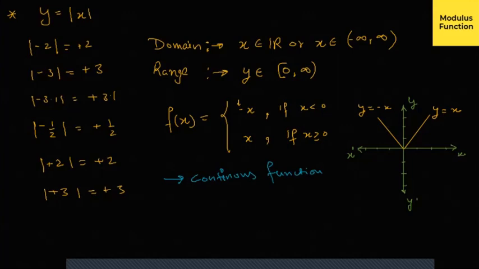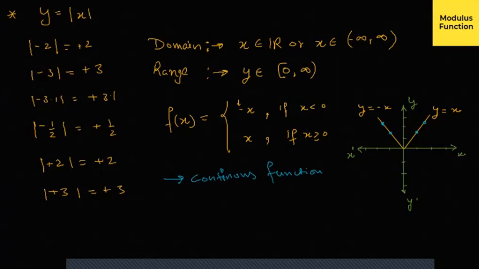So you are able to see that here the tangent at this point exists and the slope is equal to slope of this line. Again at this point also tangent exists. Again at this point if we see also tangent exists. So on a straight line, the tangent of a straight line is that straight line only.